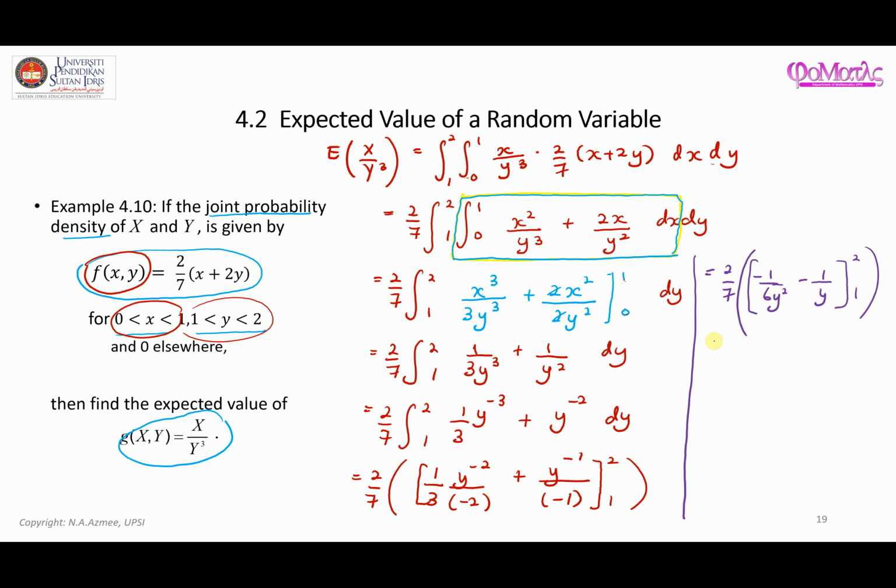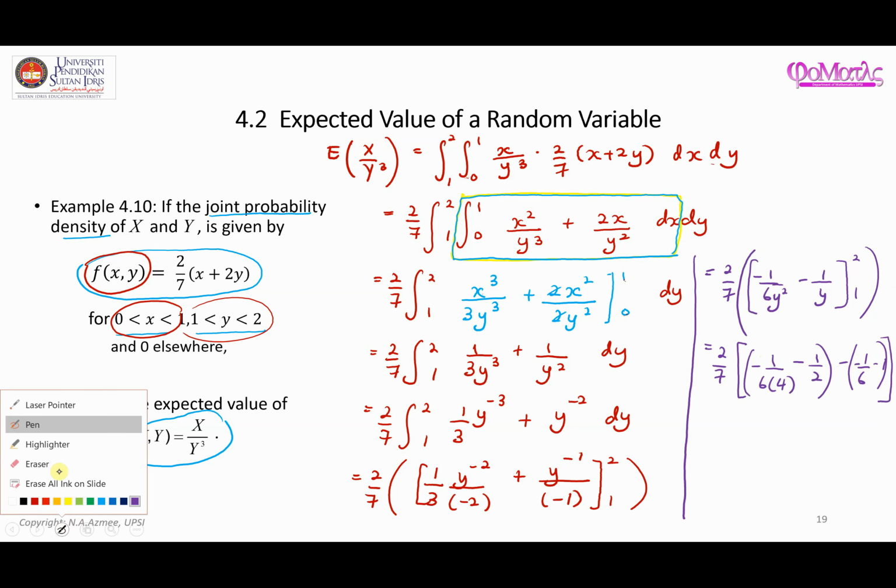Okay, next we can substitute 2 into this. So what you have is negative 1 over 6 times 4 minus 1 over 2. And then you're going to minus negative 1 over 6 minus 1. God, this is not looking good.